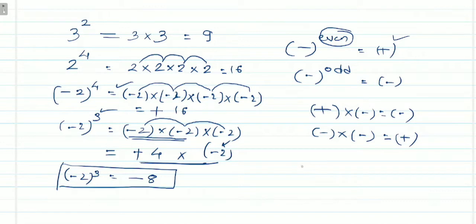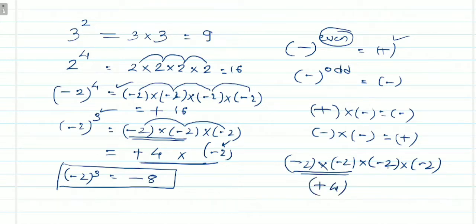Directly the answer is 16. But if you want to know how it became plus 16 and not minus, then you can solve it like this. Minus into minus is plus, 2 2s are 4. Again minus into minus is plus, 2 2s are 4, and then 4 times 4 is 16. So that's why it's coming out to be positive.